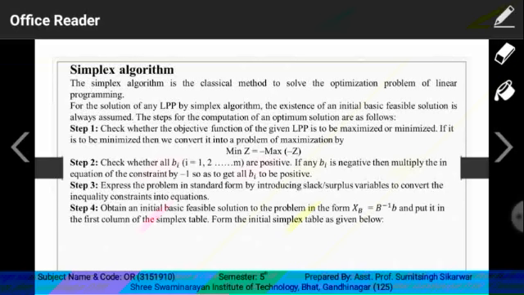In step 3, we will express the problem in a standard form by introducing slack or surplus variables, whichever may be the case, to convert the inequality constraints into equations.